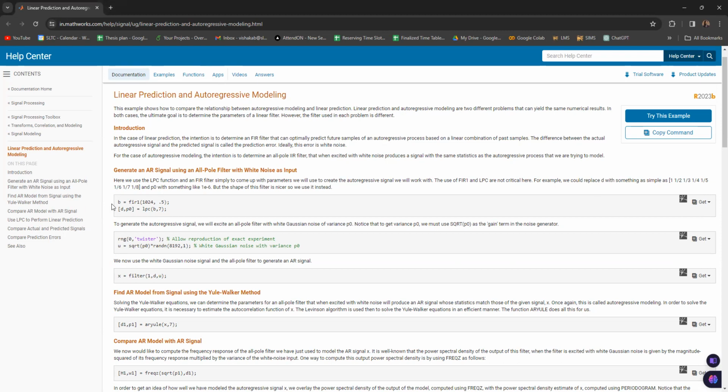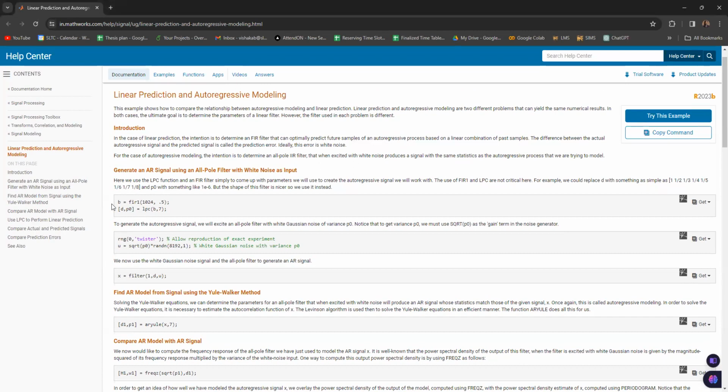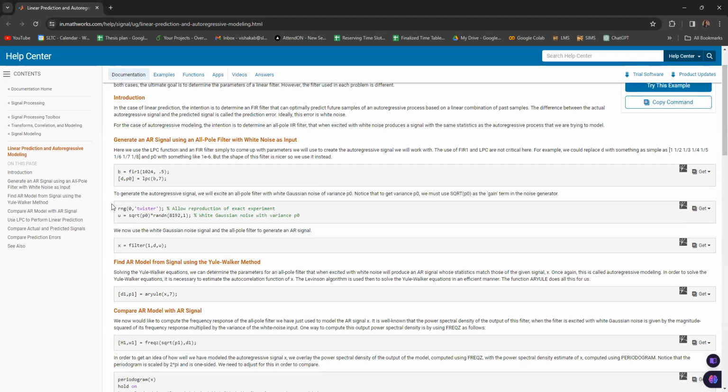Here also, AR modeling and its concepts are presented: how we can use MATLAB to process an AR process and get the optimal filter coefficients that give the desired output from the filter, such that the output from the filter is almost equal to the desired signal.